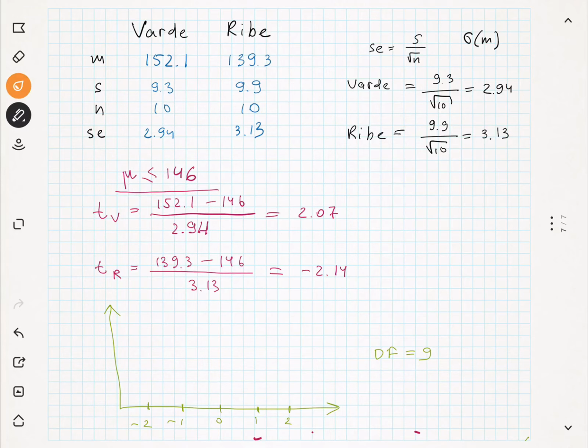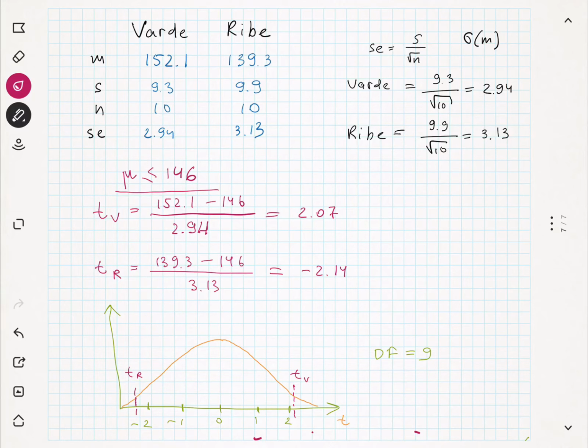We can draw it like this, approximately. These are all possible t-values for the given degrees of freedom. If we take the first t-value, 2.07, we have it here, so this is t for Wade. The second is minus 2.14, so it will be here, which is the t-value for Riebe.